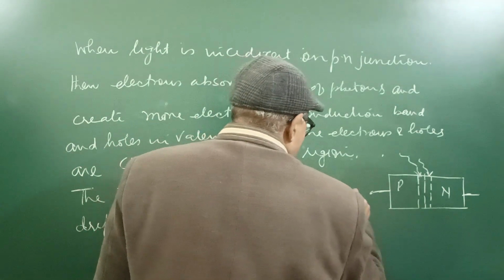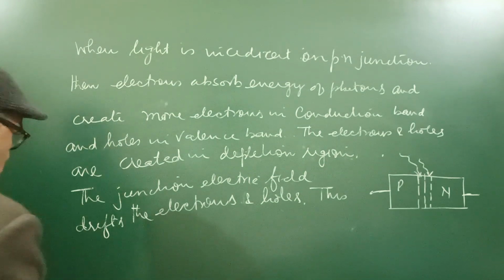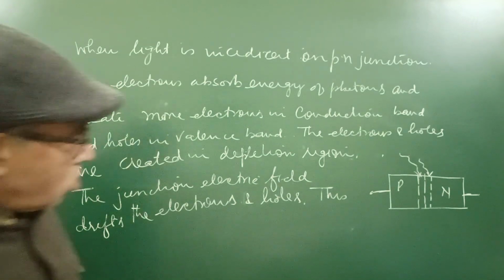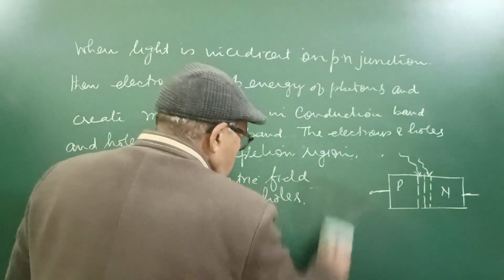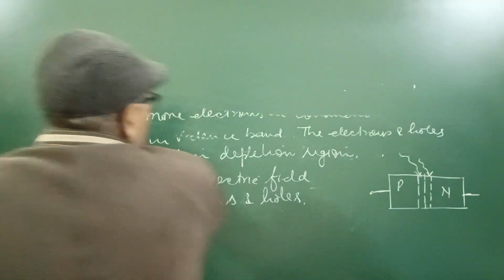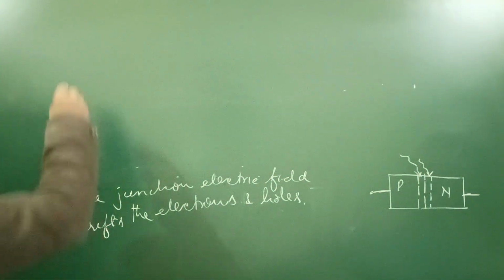These electron-hole pairs are created and drifted.